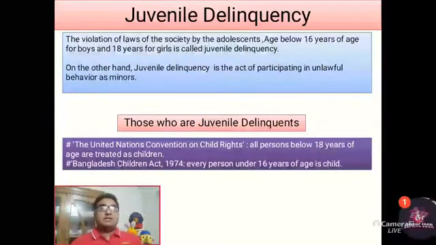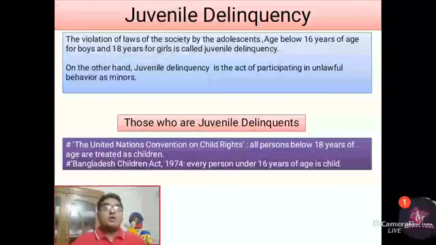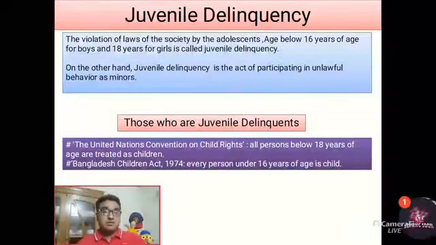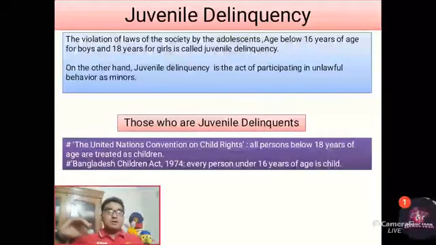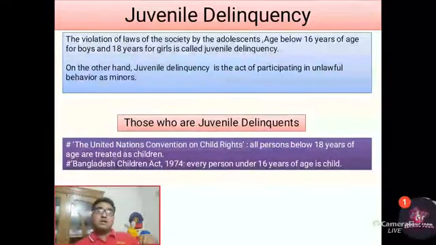According to the United Nations Convention on Child Rights, all persons below 18 years of age are treated as children, and if any child violates any laws of the society, he will be counted as a juvenile delinquent.